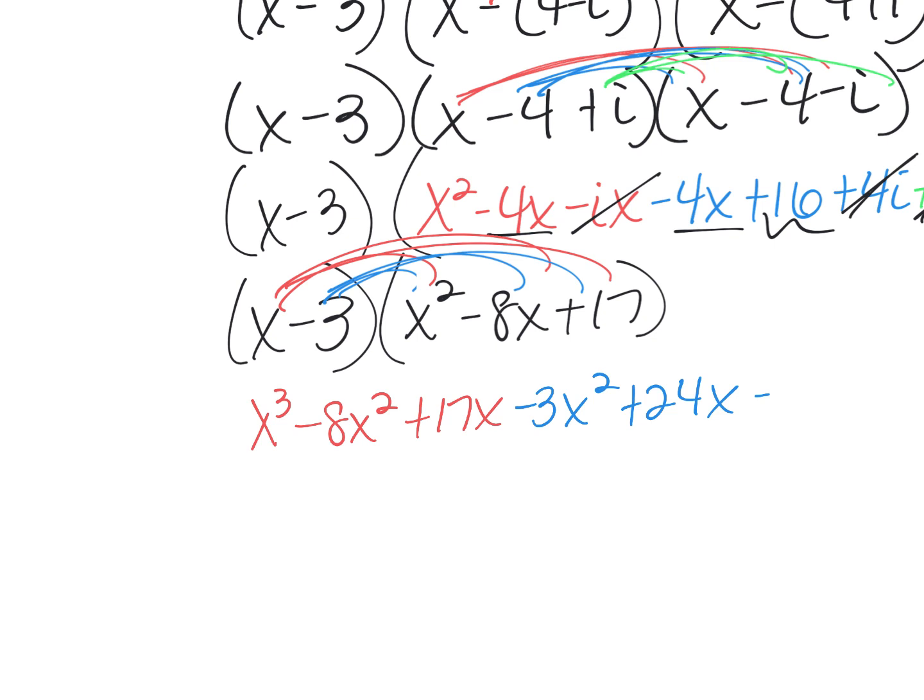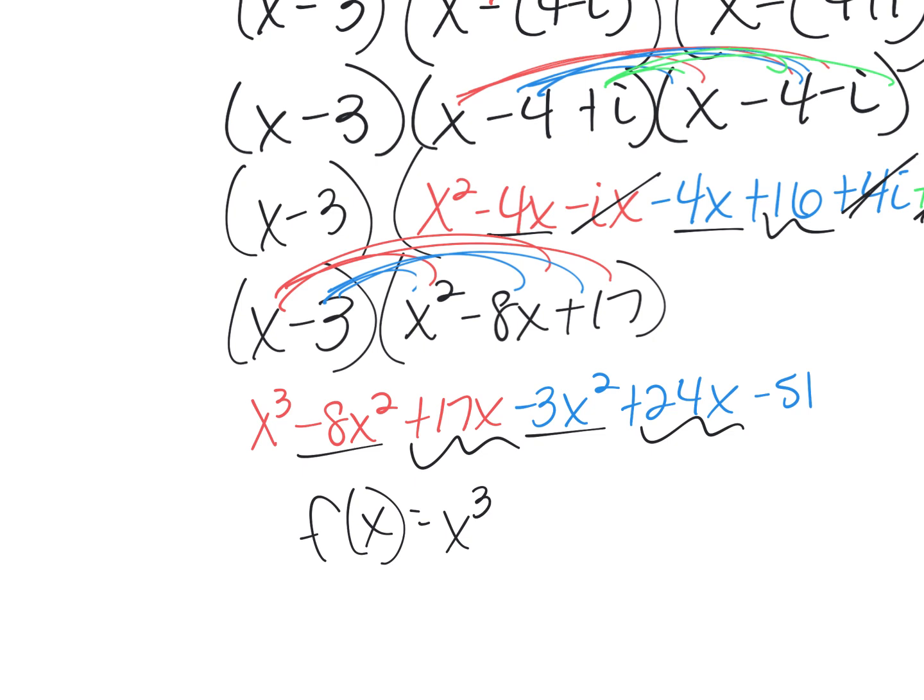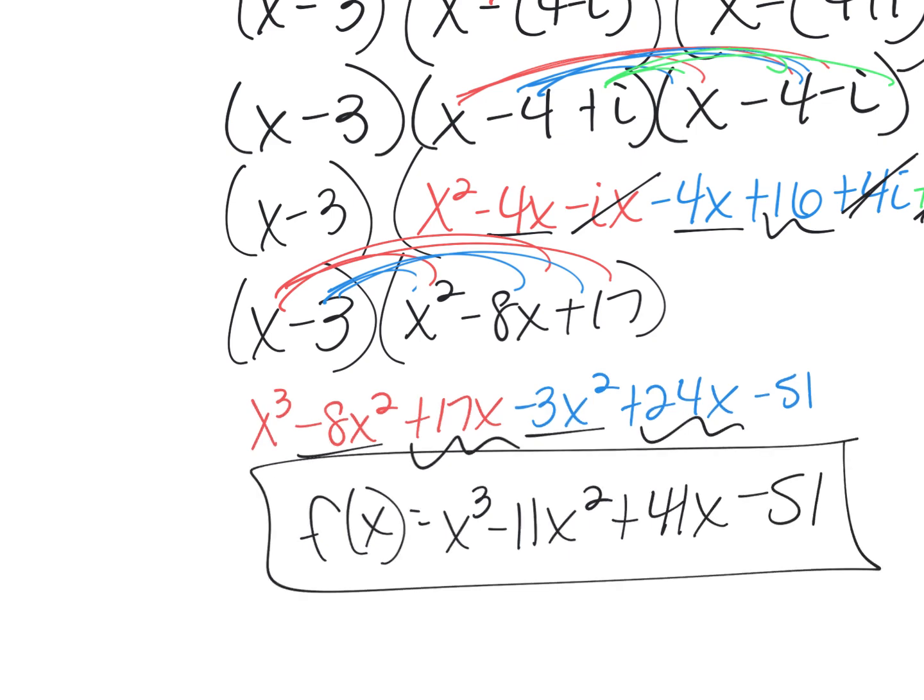I was close, 51, negative 51. Okay, put it all together, slapping a f of x out front. So we've got x cubed minus 11x squared plus 41x minus 51. Boom.